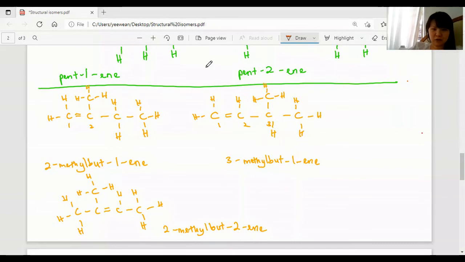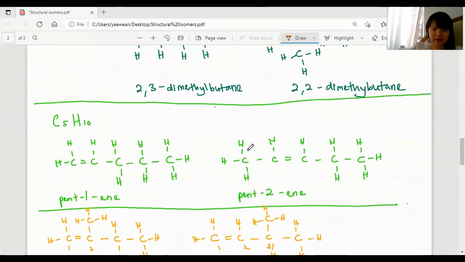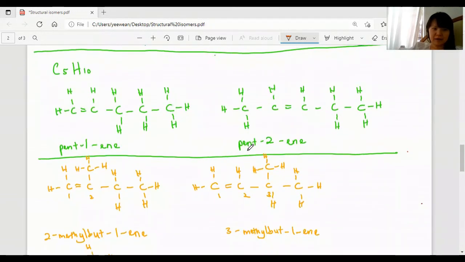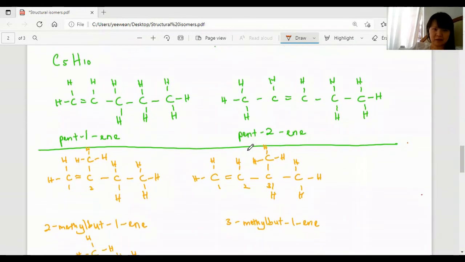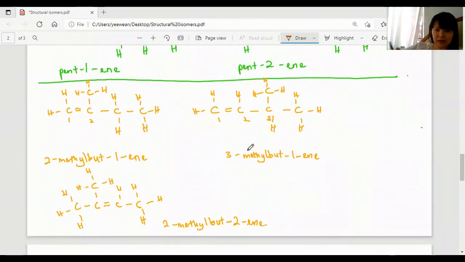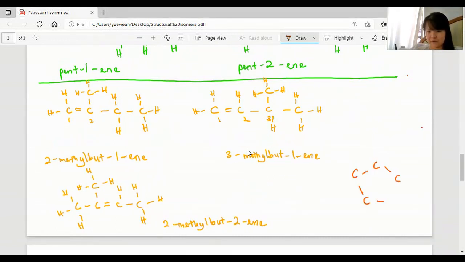Alkenes are also isomers of cycloalkanes. Therefore, C5H10 is also a cycloalkane. 1, 2, 3, 4, 5, and 2 hydrogens here, 2 hydrogens here, and there we go, 10 hydrogens.